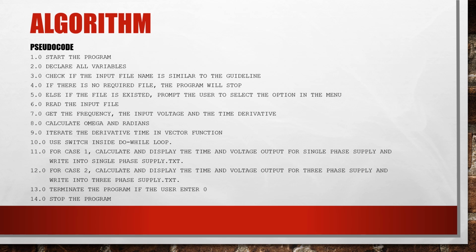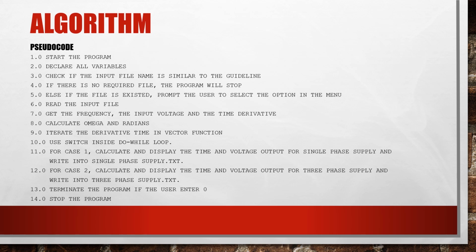Number 6. Read the input file, from which we get the frequency, the input voltage, and the time derivative. Then calculate omega and radians, and iterate the derivative time in a vector. Then switch inside the do-while loop.